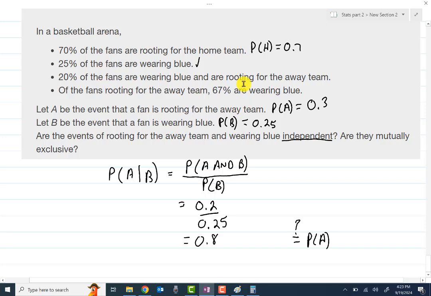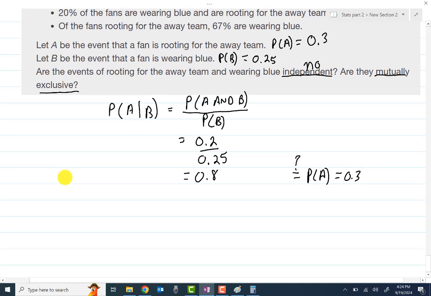Well, what is the probability of A? The probability of rooting for the away team, oh, there it is, 0.3. So they're not the same thing. So the answer to this part is no. Now next, are they mutually exclusive? So let's take a look at what I have to do in that case. This was for independence, the first part.